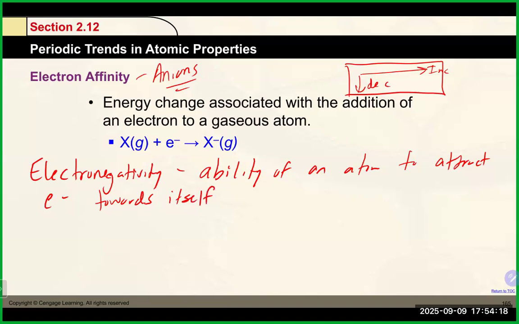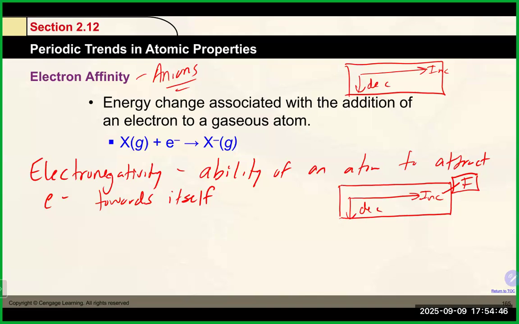This is the only thing you need to know for chapter 3 for the first exam, and then we'll do more of it for the second exam, but you need to know what electronegativity is and the general trend. The general trend, when you look at the periodic table, is that it increases as you go up and to the right. Actually, fluorine is the most electronegative element you could have, and it decreases as you go down.